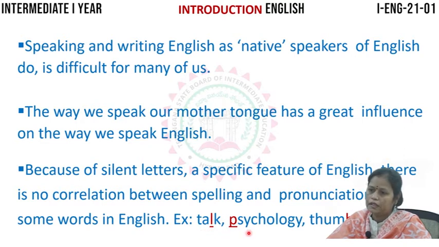In the next word, psychology, we are not pronouncing P. In thumb, we are not pronouncing B. So these letters which are not pronounced are called silent letters. This is a special feature present in the English language. Because of that, sometimes we face difficulty in pronunciation and writing spellings.